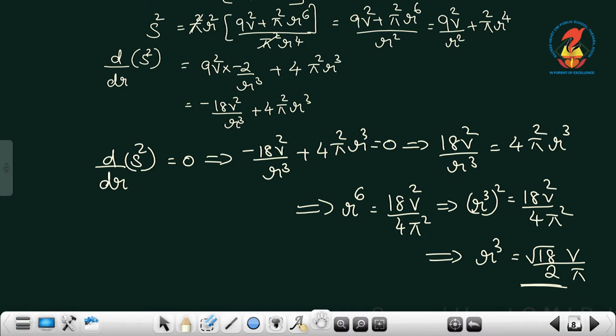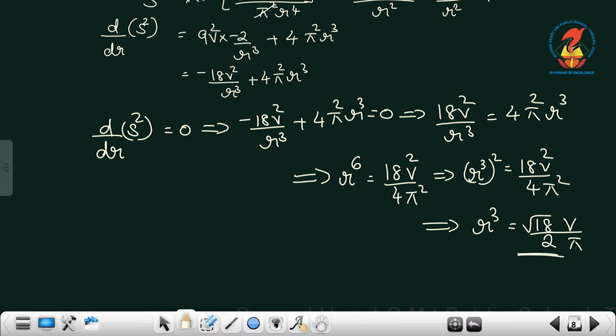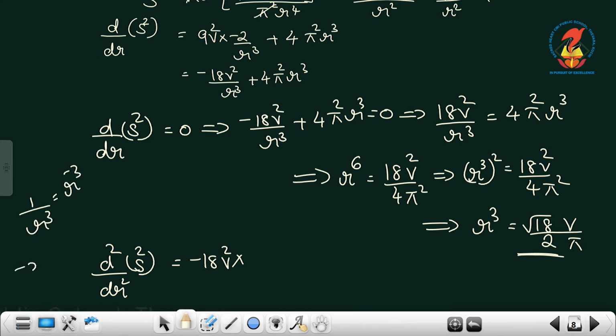Now what do we do? Find the second derivative. D square by dr square of s square. The last step is this one. So minus 18 v square into 1 by r cube, derivative r raised to minus 3. The derivative is minus 3 r raised to minus 4, or minus 3 by r raised to 4, plus 4 pi square is a constant.